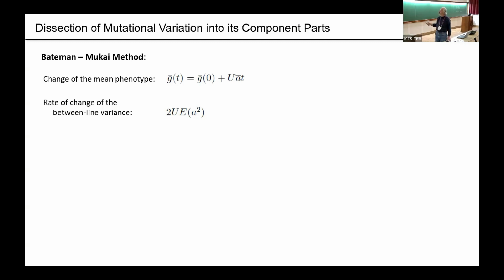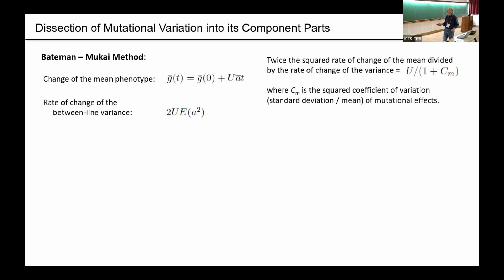And then the rate of change: the lines are going to maybe directionally change over time, but they're also going to diverge over time because they're picking up independent mutations. And then you can measure the rate of increase in the between line variance, and it has that expected value. And what they pointed out was that if you square this slope up here, multiply by 2, and then divide by this, the 2 goes away, and then you can do a little rearranging, and that provides you an estimate of the diploid genomic mutation rate for the trait, divided by this unfortunate term down there.